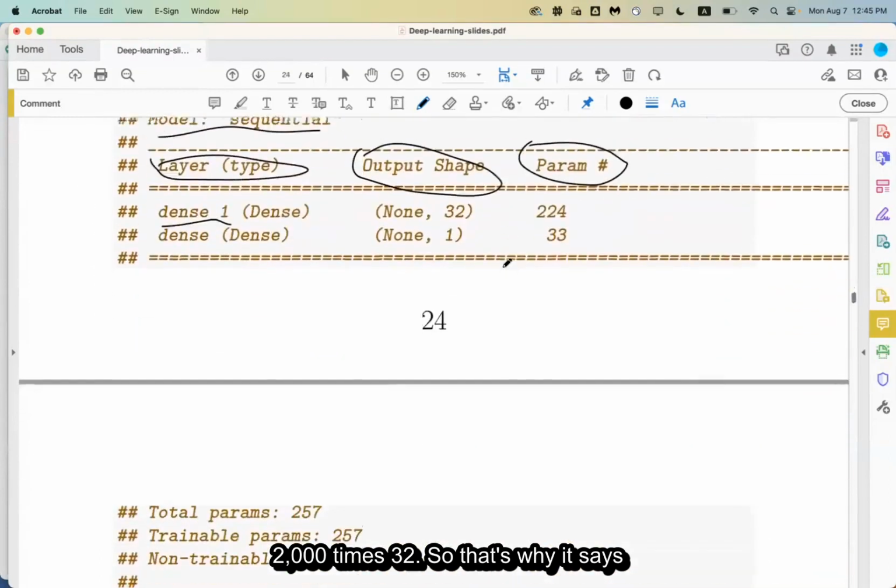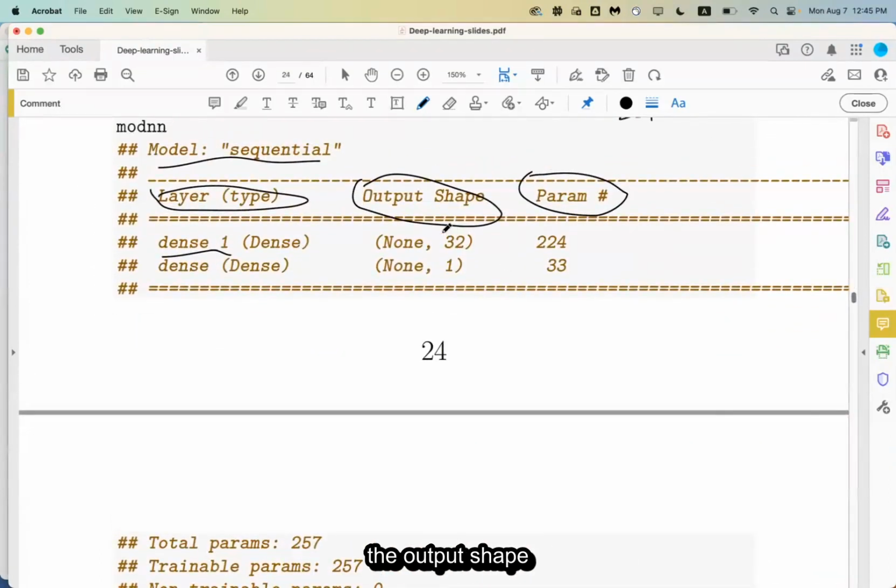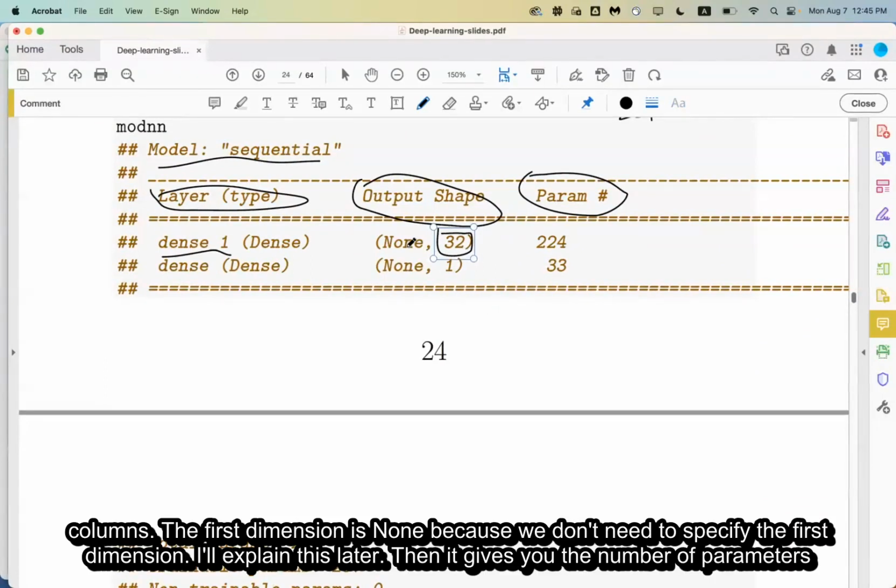So that's why it says the output shape has 32 columns. The first dimension is none because we don't need to specify the first dimension. I'll explain a little bit later.